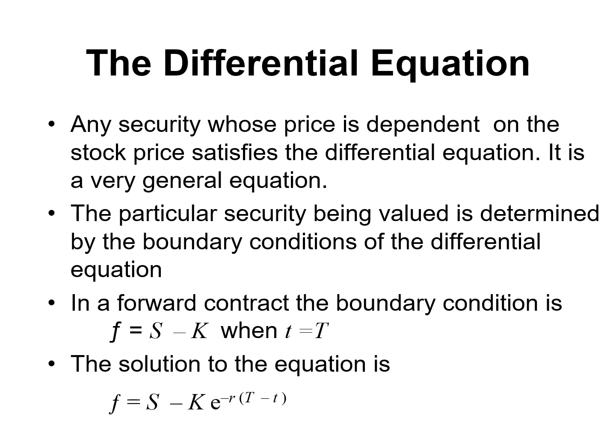So in the forward contract, the boundary condition is f is equal to S minus K when t is equal to T, time of maturity. So at time of maturity, we know the value of the contract. And the solution to the equation we can find out. Okay, yeah, it's a forward contract.